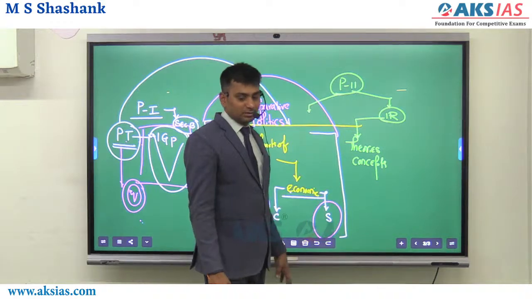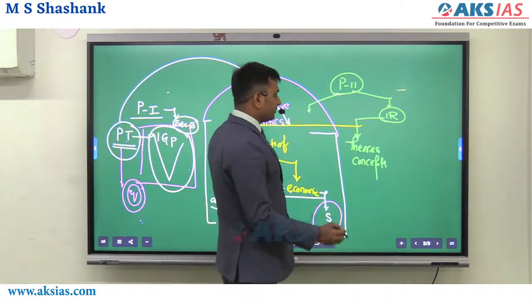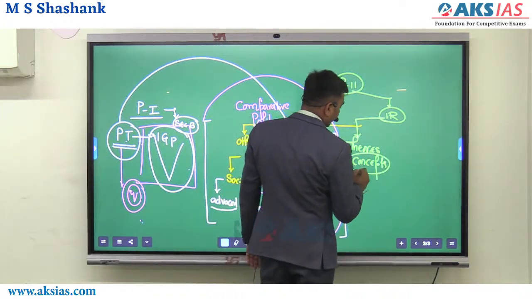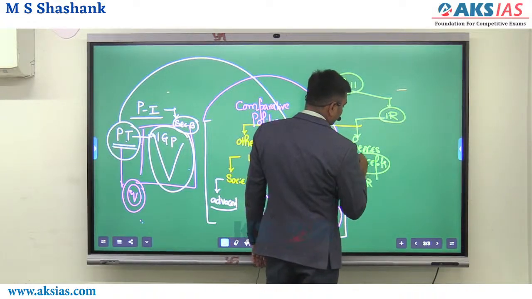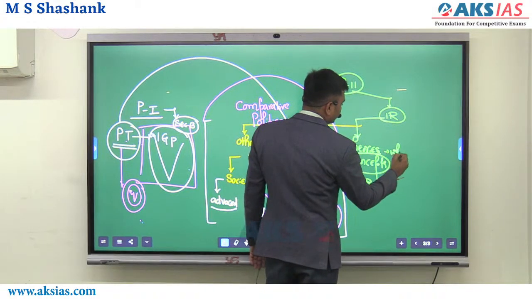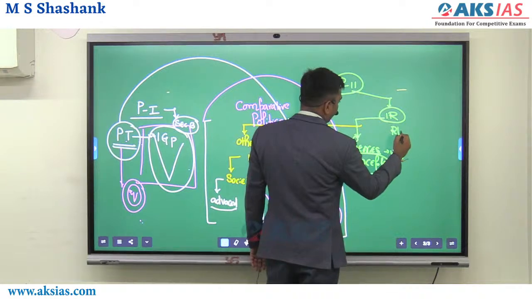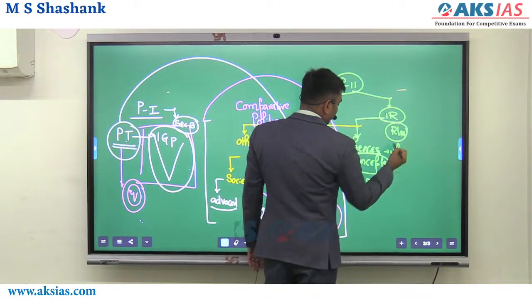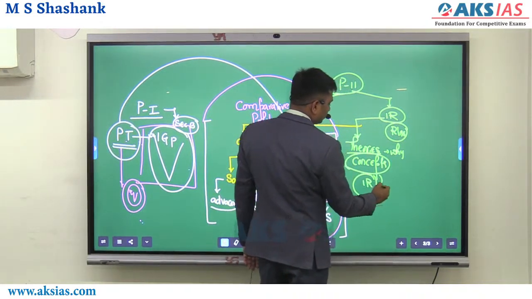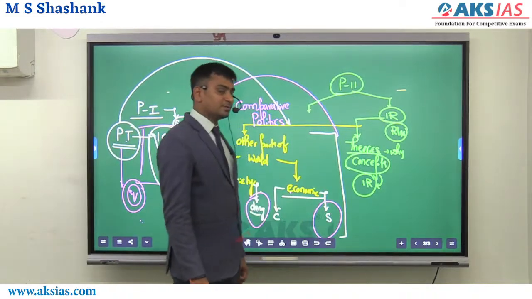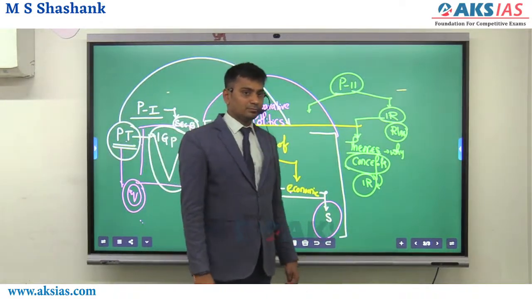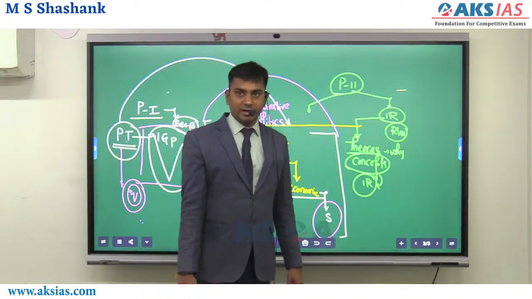They have given these three. So they are giving concepts that determine IR. Theories are why relationships are there. Concepts are how to study this IR conceptually. So this is what they have given.